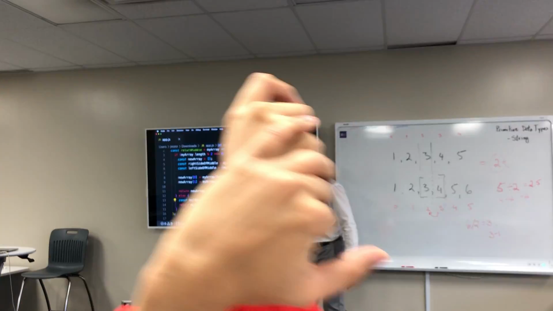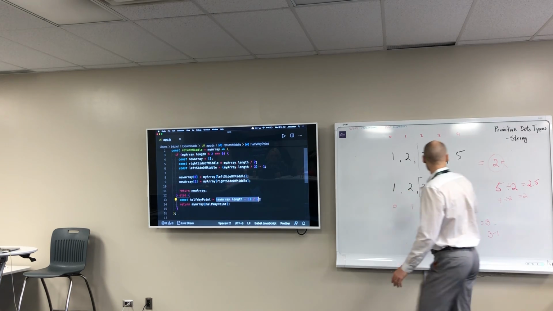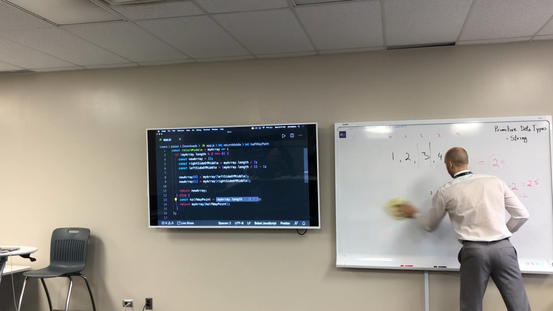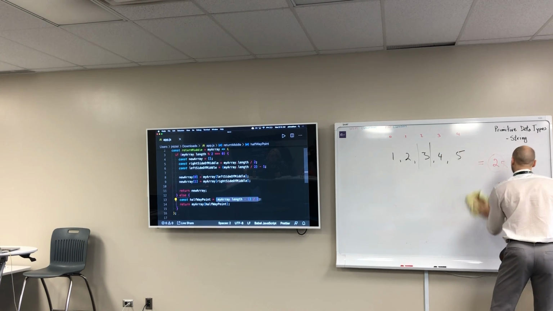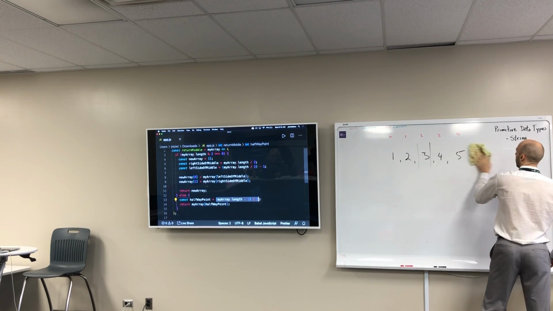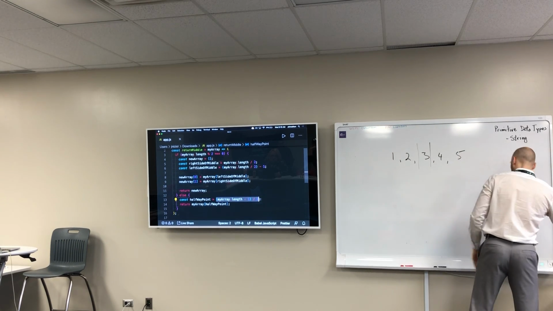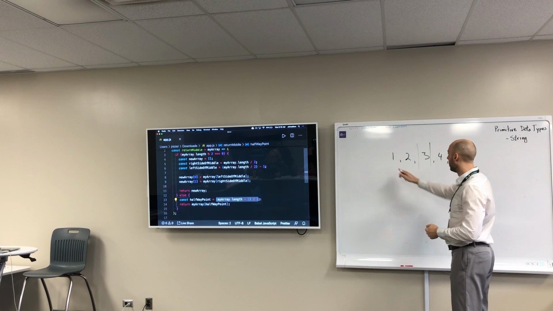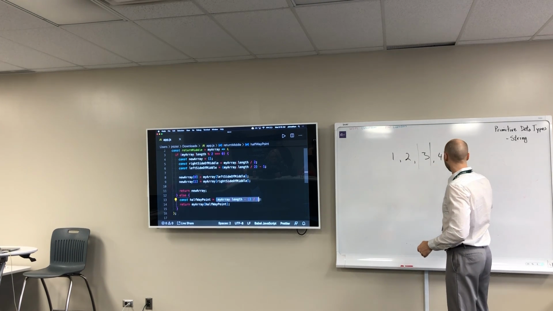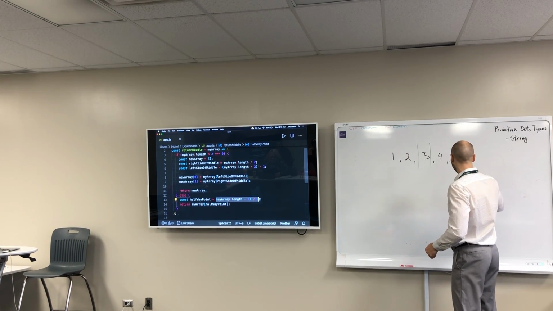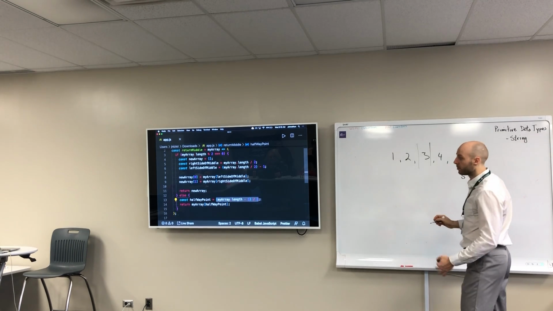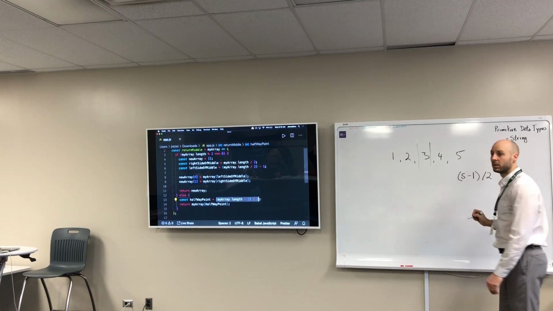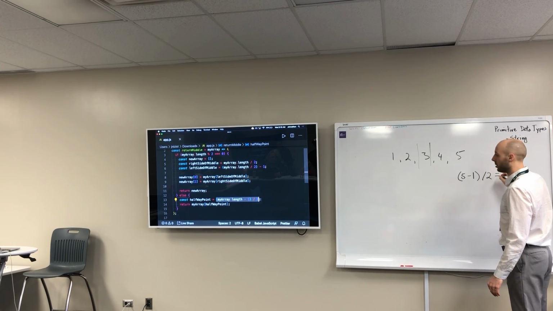We said my array.length minus 1, so in this case, my array.length is 2, 3, 4, 5. 5 minus 1 divided by 2, which is 2.